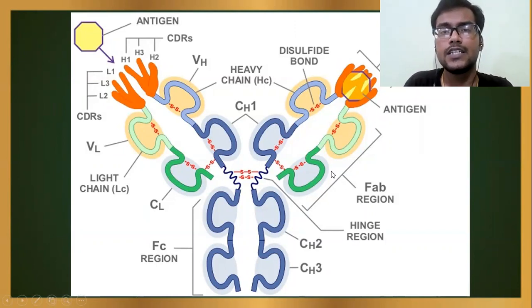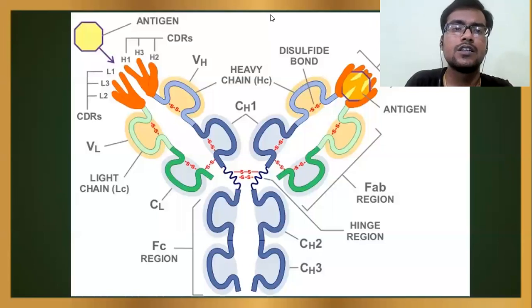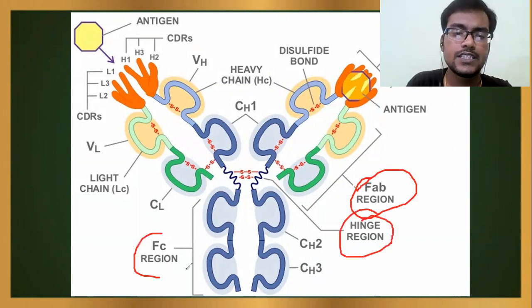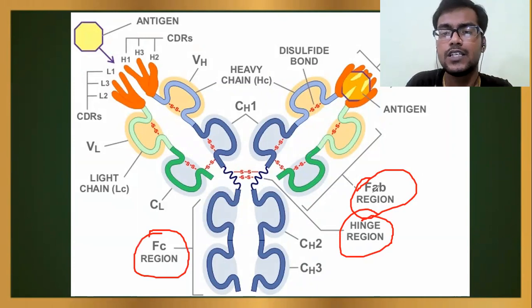As you can see, there are three regions of the antibody. What are they? One is the Fab region, another is the hinge region, and the third is the Fc region. The Fab region stands for fragment of antigen binding.